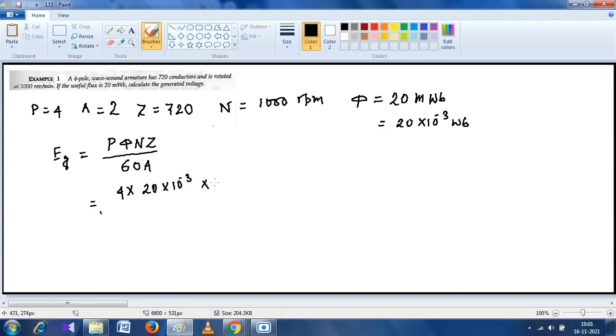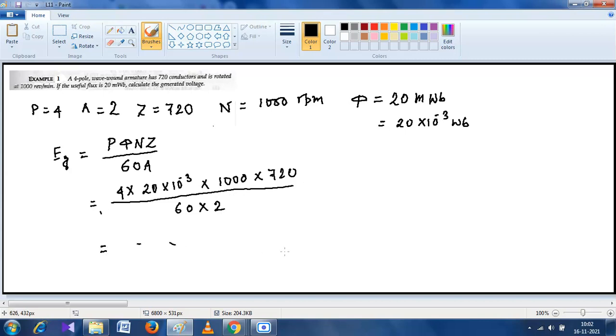What is the value of N? 1000. What is the value of Z? 720. Now what is the value of A? 2.